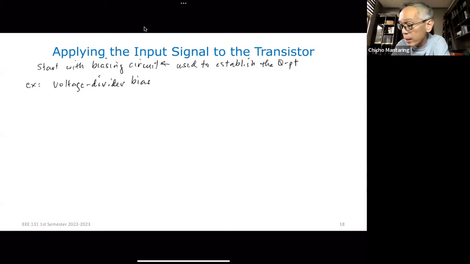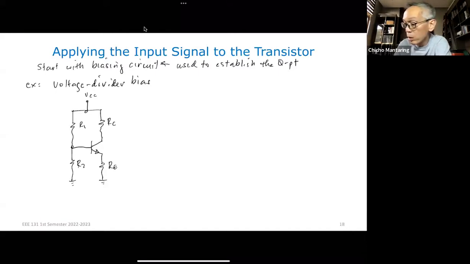So how does that look like? If you recall, you have VCC, and then you have RC, RE, R1, R2.